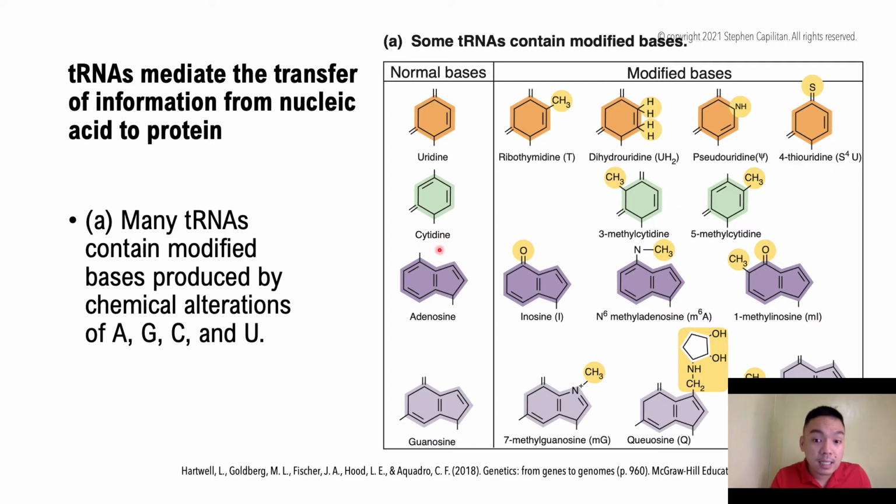In your cytidine, we have 3-methylcytidine and 5-methylcytidine. In adenosine, we have the inosine, N6-methyladenosine, and 1-methylinosine. And for guanosine, some examples are 7-methylguanosine and your queuosine. We also have the other one here.